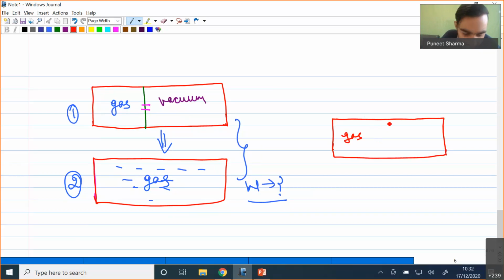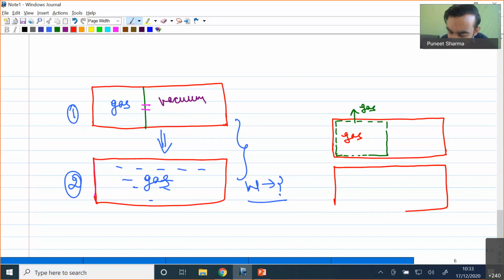Let me consider this as my initial system. If I consider only the portion of the gas as my system, now this gas has occupied the entire volume of the container. So I can say that my system boundary has extended.